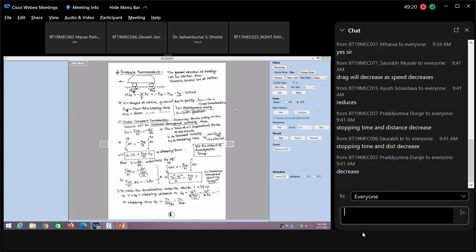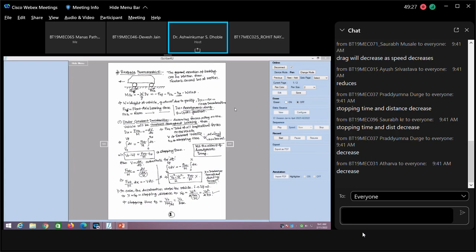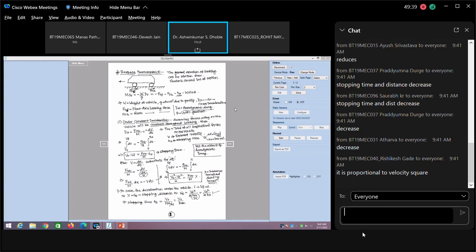How do you calculate the aerodynamic drag? How is it going to affect? Why do you say that the vehicle body should be streamlined? It is proportional to velocity square. Okay, Rishikesh, very good. So what about others, what do they think?